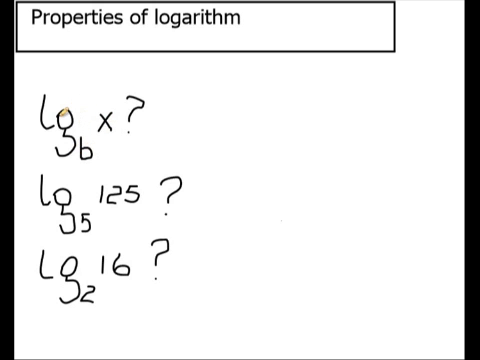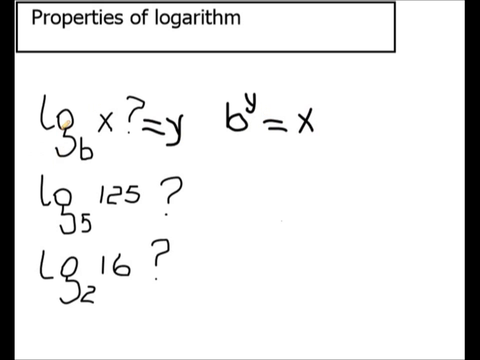So what I mean when I say log base b of x is that I'm trying to find out the exponent. The result is the exponent. I'm trying to find a number that I can call y, the exponent of b, such that b to the power of y equals x.